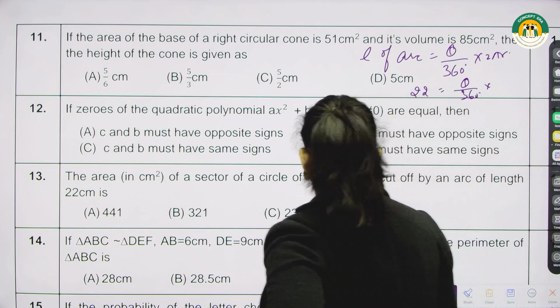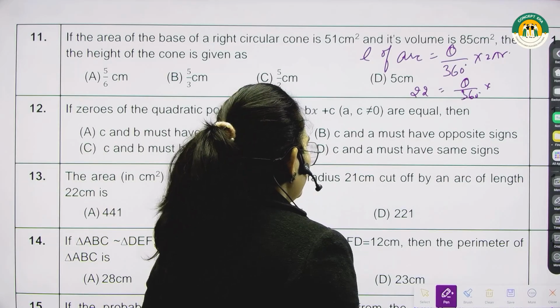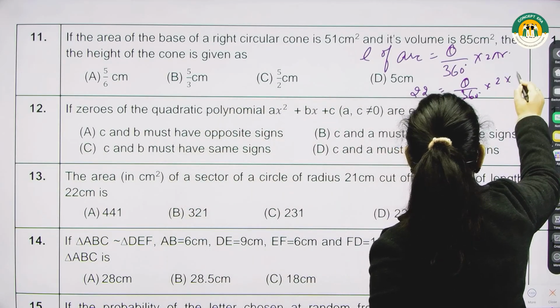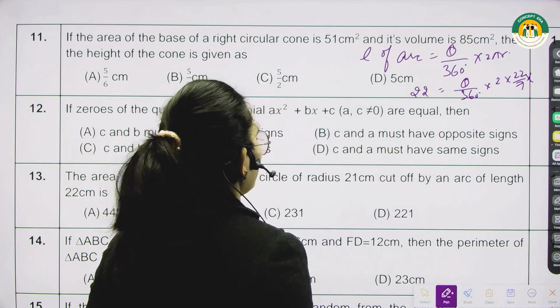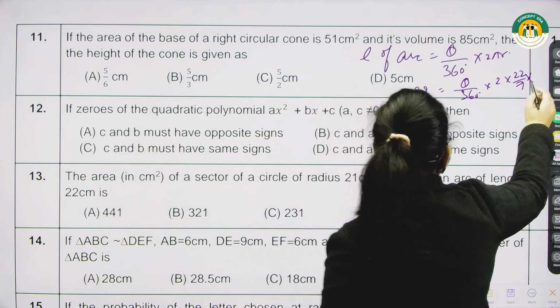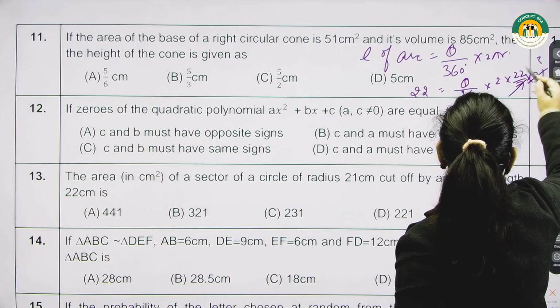2 pi r. Pi is 22 upon 7, so 2 into 22 upon 7. And what is r here? Radius is already given, 21. So 7 3s are 21.